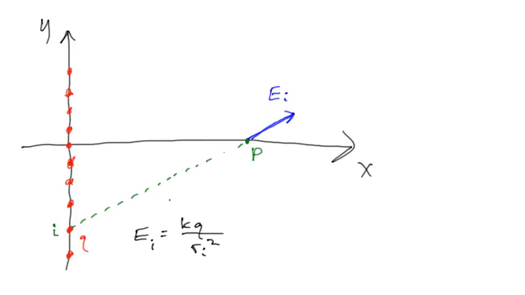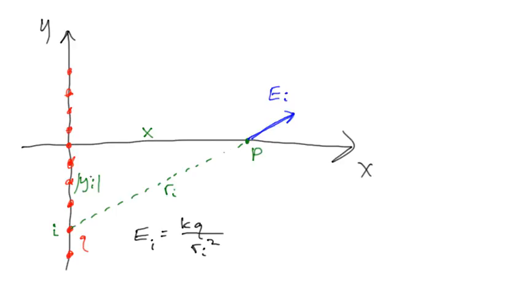And r sub I squared, this will be the distance r sub I. Every charged particle that's contributing to the electric field at point P is a distance x away from the origin, where x represents the distance to point P. And then the distance that this charged particle is away from the origin is its value of y.